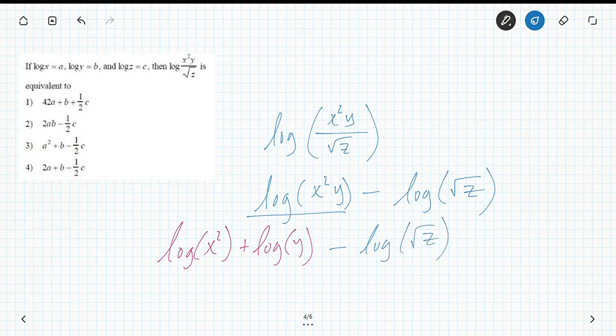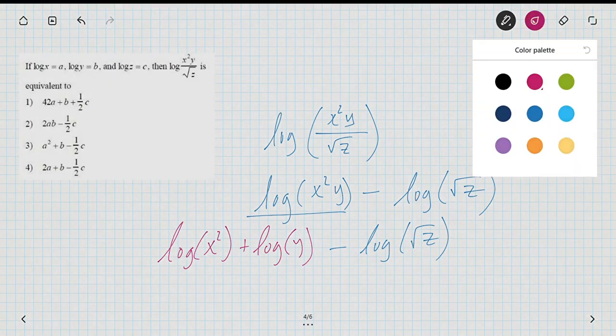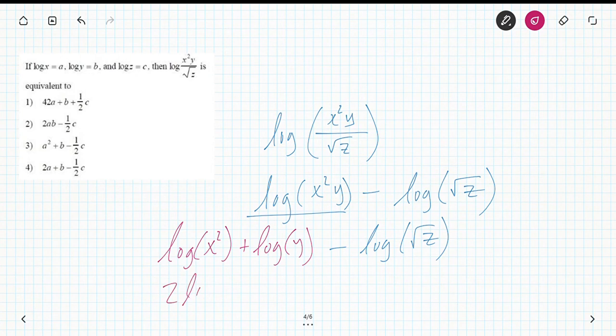Now here I have exponents, so I can rewrite this, and I will write 2 log of x. I move the exponent to the front, plus the log of y, minus 1/2 log of z.